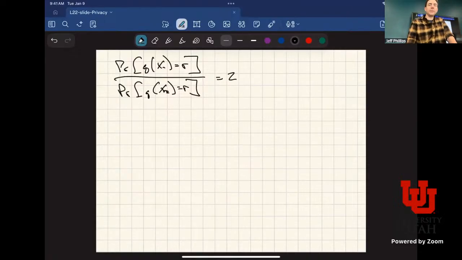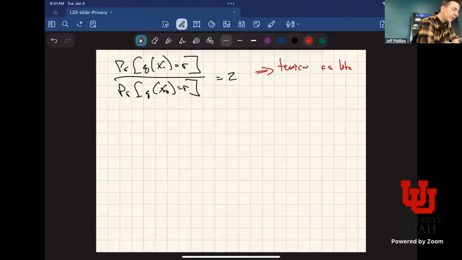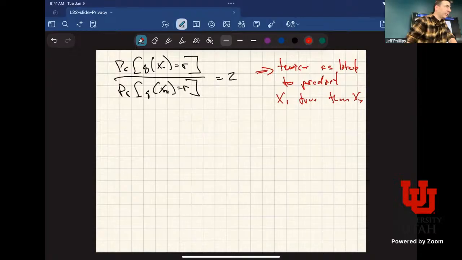This means I'm twice as likely to predict that x1 is the true data than x2.